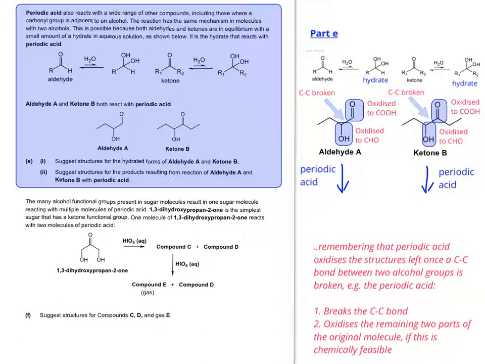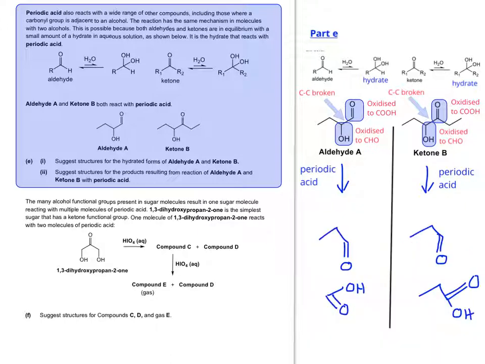So in this part of the question they're talking about the carbon-carbon bond between a carbonyl, C double bond O, and an alcohol. So they're taking the setting from earlier and changing its emphasis a little bit. I've labelled up the aldehyde A and ketone B with what's going to happen. If we separate the two compounds out, you can see clearly which structures each one turns into.